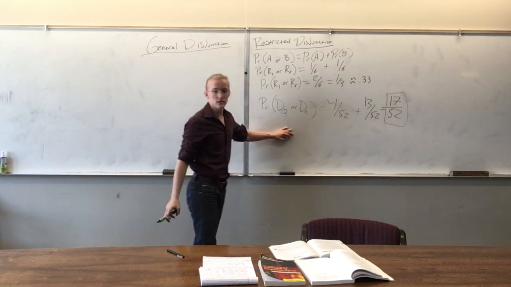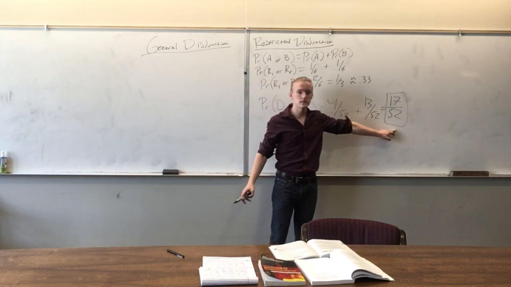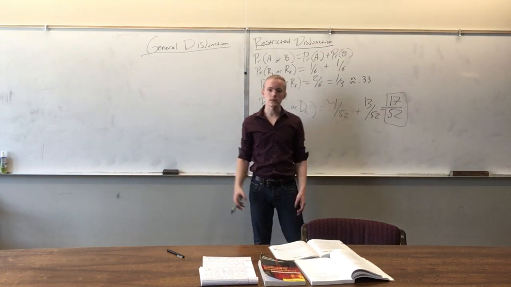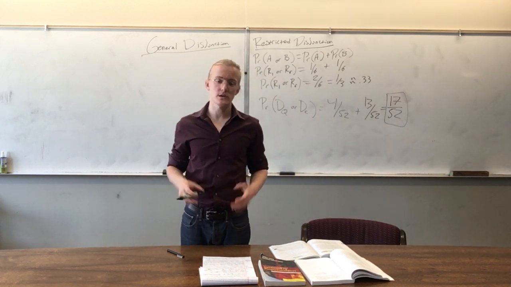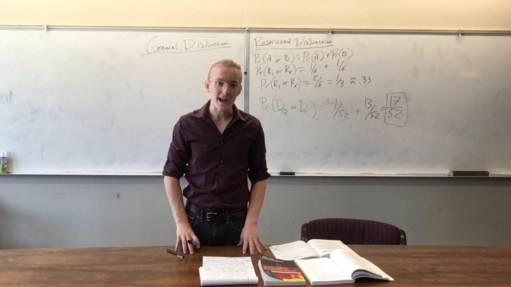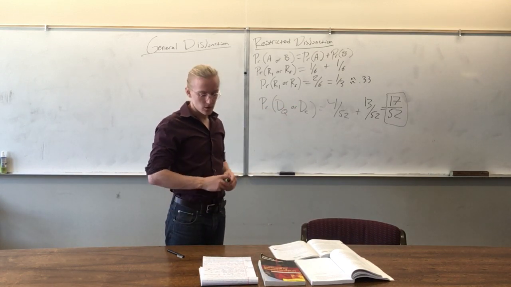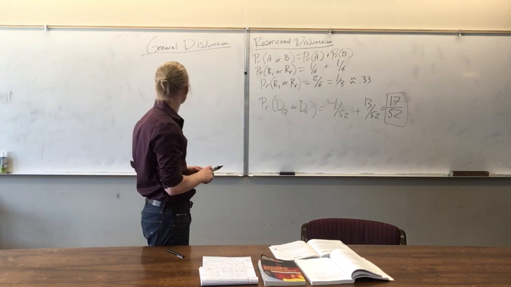If we use our restricted disjunction rule, our answer is 17 over 52, and this is wrong. And as we work our way through the general disjunction rule, we'll find out why 17 over 52 is wrong, and why we need the general disjunction rule.